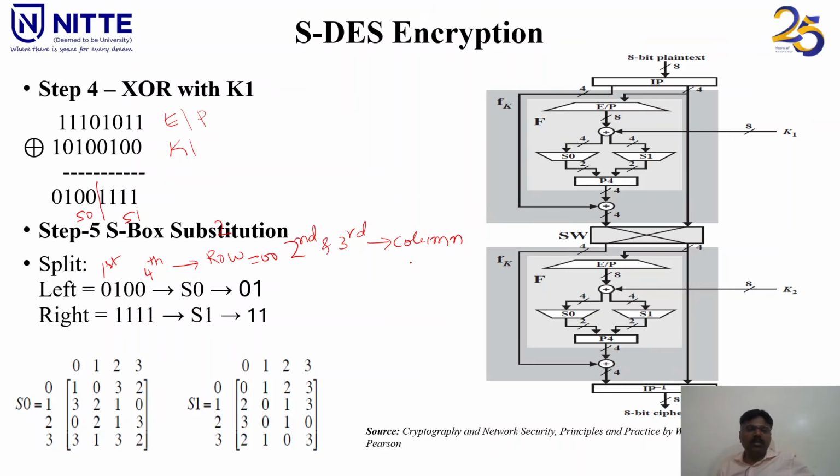The second bit and the third bit are 1, 0. Converting binary to decimal, this becomes 0 and this becomes 2. So I'm going to choose the 0th row and second column. See here, 0th row, second column, that value is 1, 1. Okay.